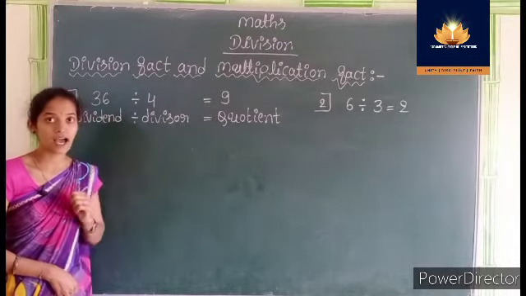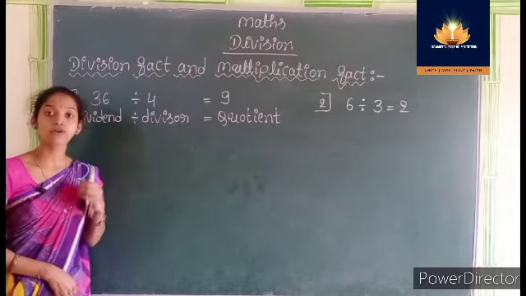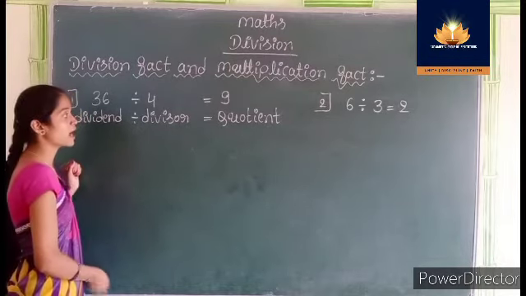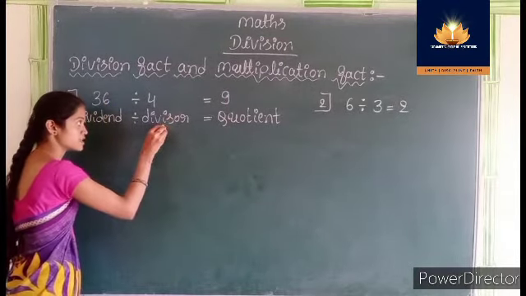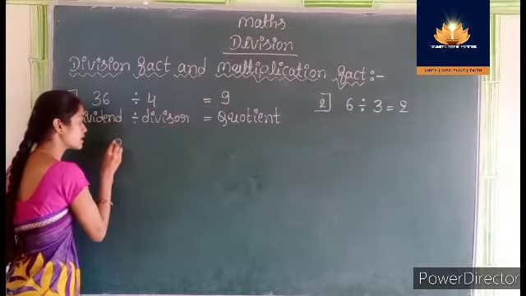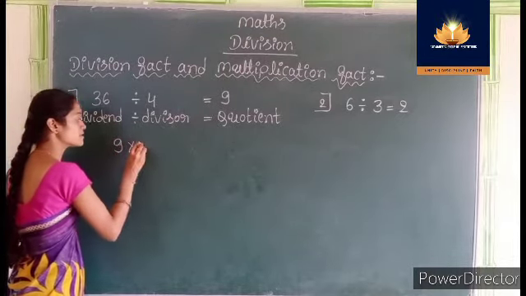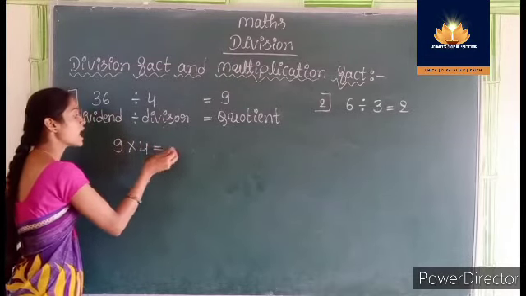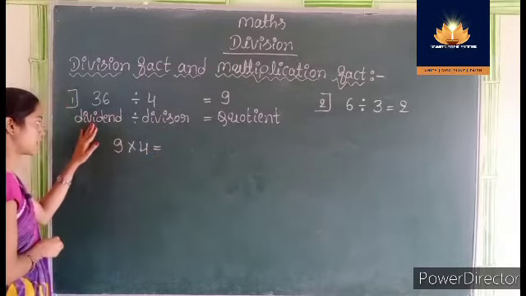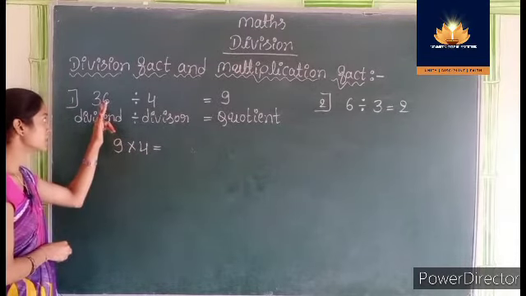Let us see how it is. Okay. To get multiplication fact, we have to multiply quotient by this divisor. Quotient 9 into divisor, that is 4. Then we will get answer as dividend.